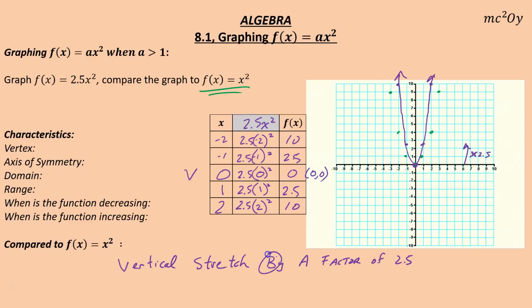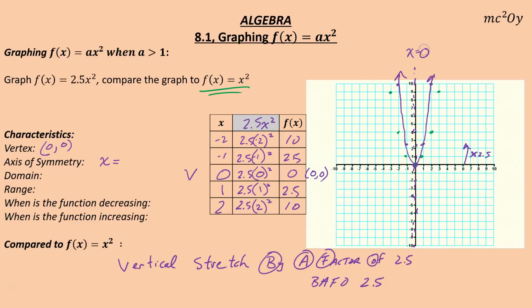By a factor of, by the way, we're going to abbreviate from now on as BAFO. B-A-F-O, 2.5. Okay, we know our vertex, it's at 0, 0. We know our axis of symmetry is x equals, well, it's right here again, still at x equals 0.